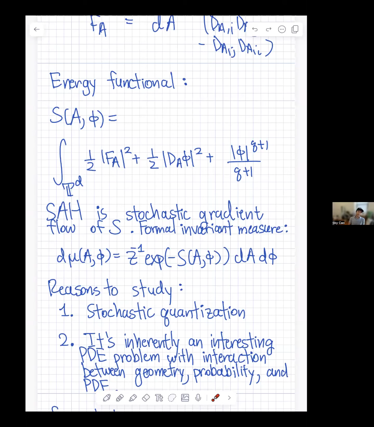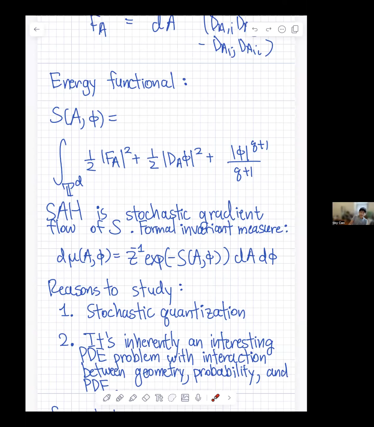But now when you have these geometric PDE, or these PDEs that come from geometry, then you have this additional geometry component that you have to understand. And that, I think, we found really fun to understand, even though neither of us are really geometers, but it's been fun to learn some more geometry in the course of this work. Right, so these are maybe the two main motivations to study stochastic Abelian-Higgs, depending on your tastes.